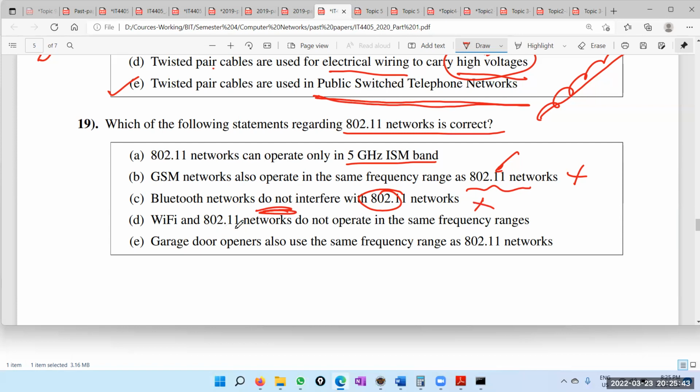Wi-Fi and 802.11 networks do not operate in the same frequency range. I told you that Wi-Fi is the main technology that uses 802.11, so definitely Wi-Fi must be operating in the same frequency range. And this says do not, so we'll say no.